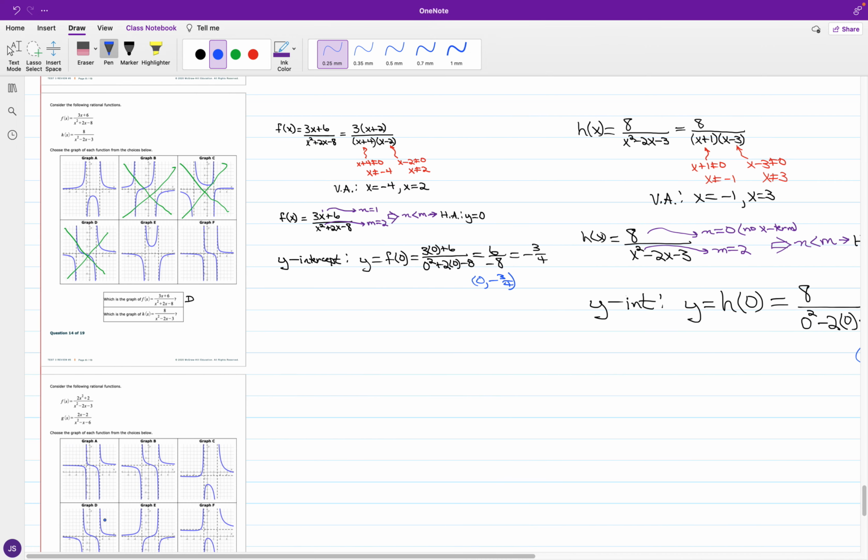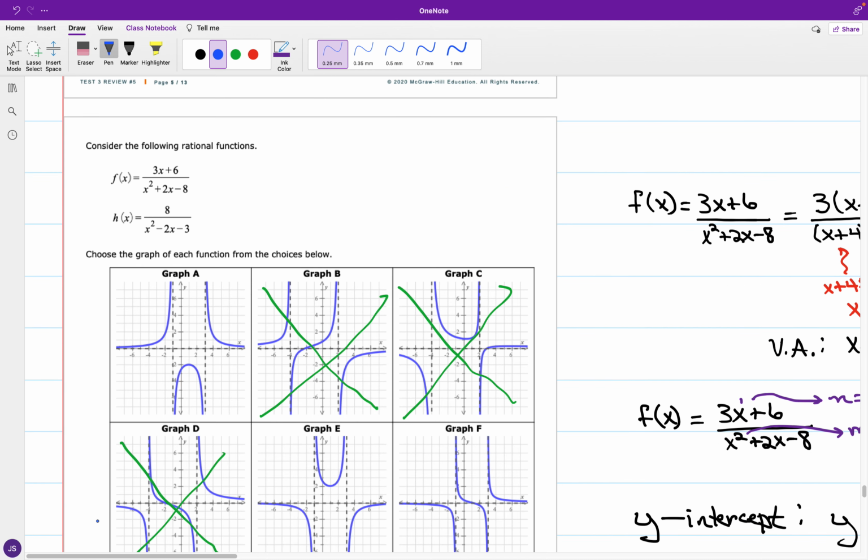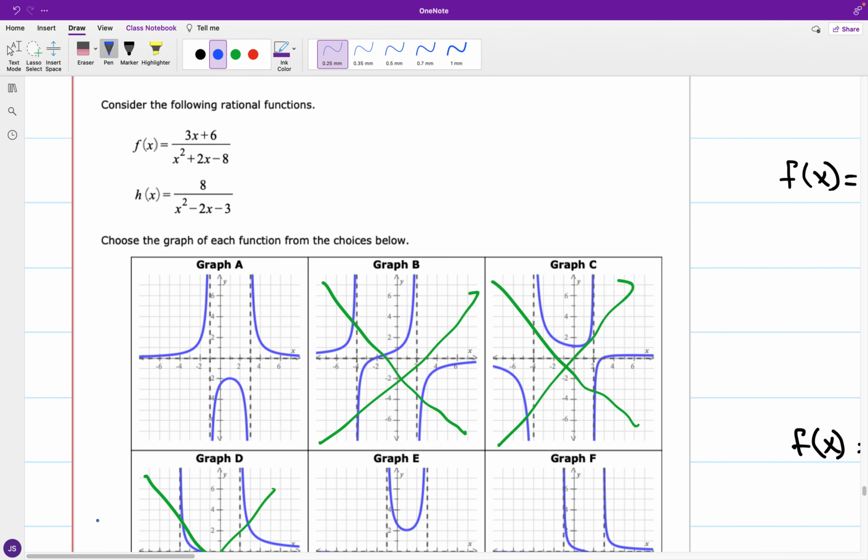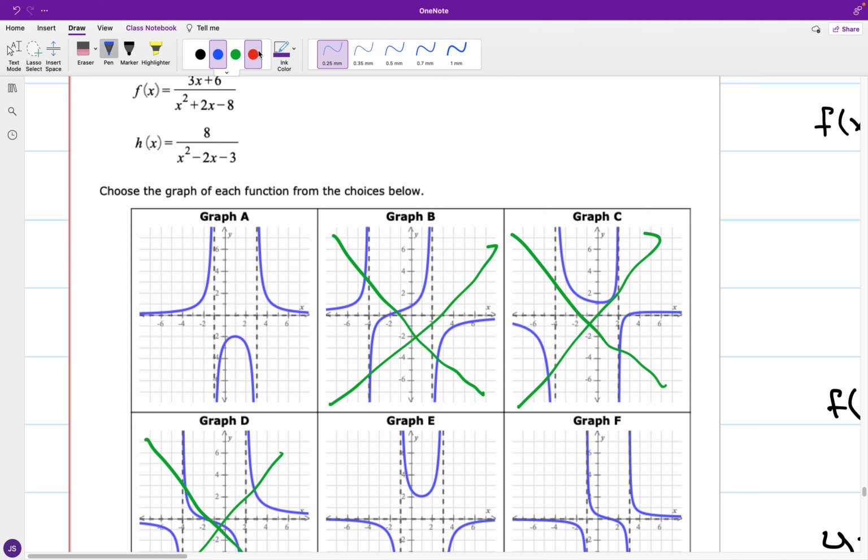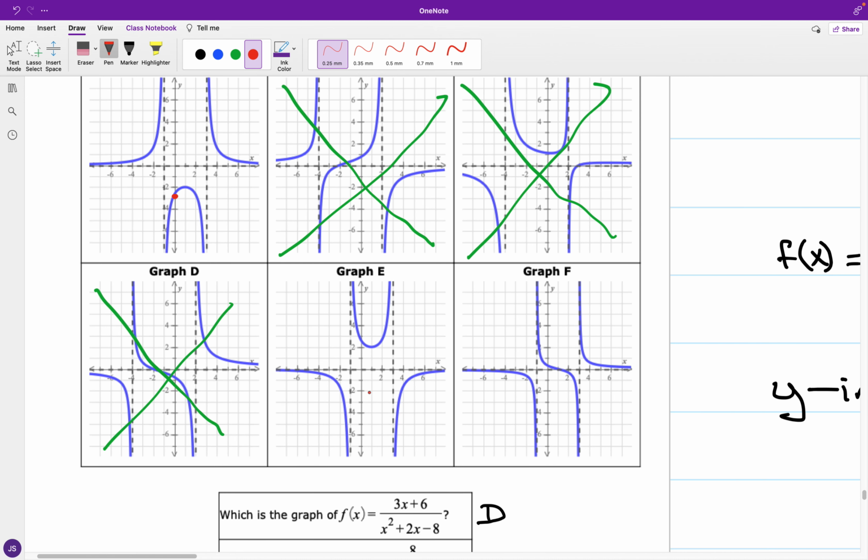And to see what we're going to have, for graph A, it looks like we have negative 1, negative 2, negative 3, so you have negative 8/3. Graph E, guess what? We got that portion above the x-axis, so E goes out.